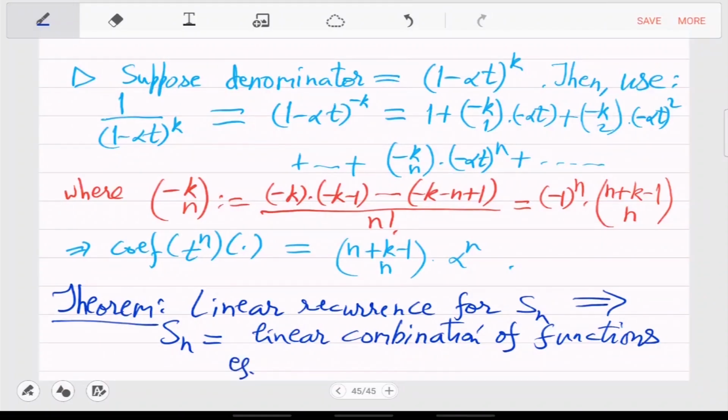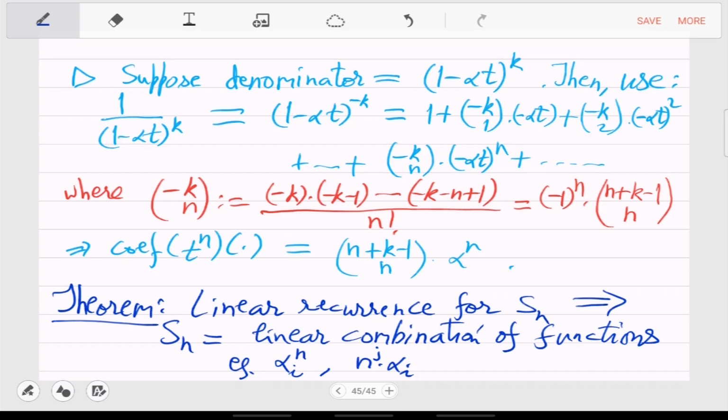Example, if the roots are distinct, then you will have alpha I to the n, and if alpha j was a repeated root, then you will have some power, n to the j, maybe alpha I.